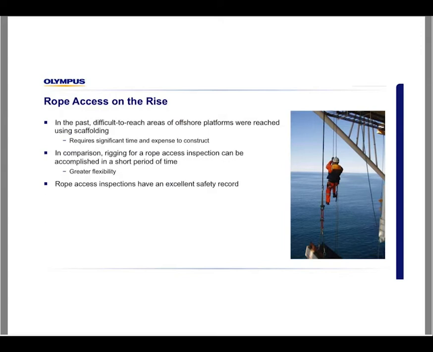There's a significant monetary cost associated with that. Now, in comparison, a rope access inspection can be rigged up in a matter of minutes or hours. So there's much greater flexibility. It takes much less time, much less effort to set up for a rope access inspection. And what's more, rope access has an excellent safety record.